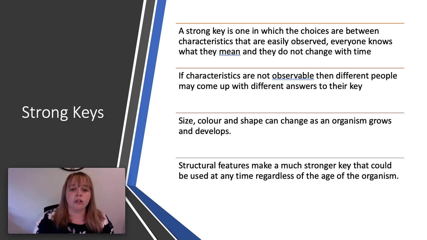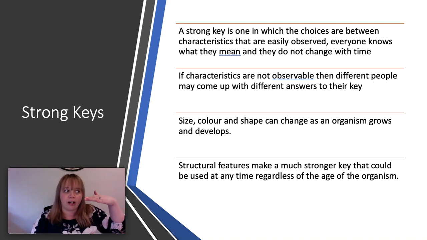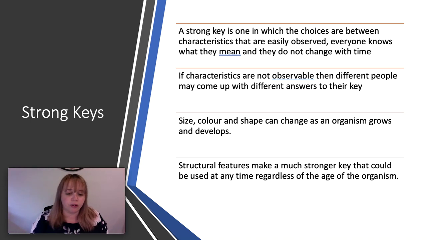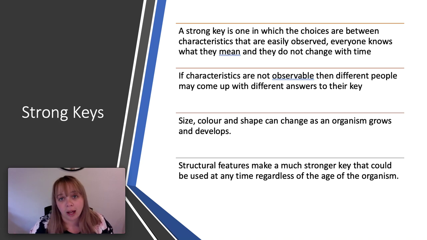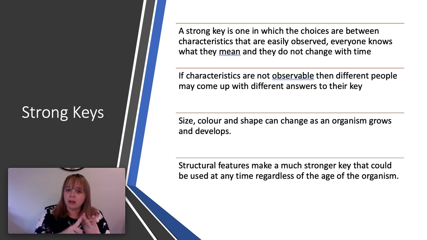However, if you used the fact that I am 5'2" tall, yes, or I am less than 5'5" or more than 5'5", that I can't change. As an adult, that's how tall I am. It's easily observable, everyone knows what it means, and it didn't change with time.